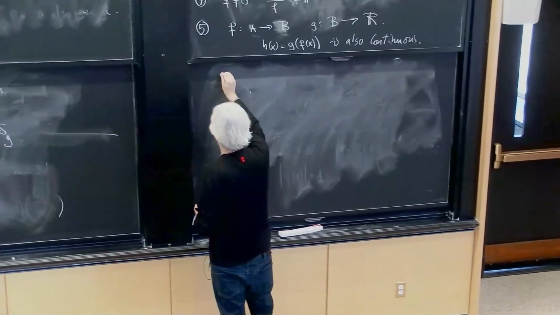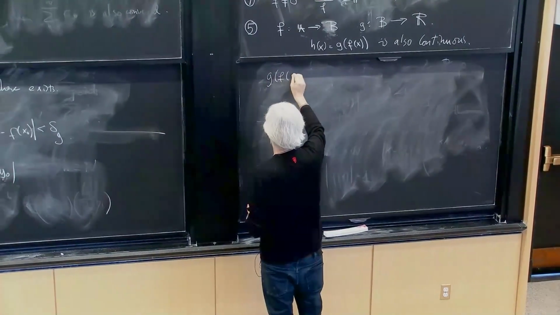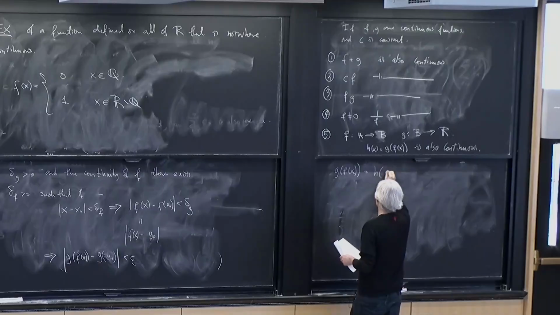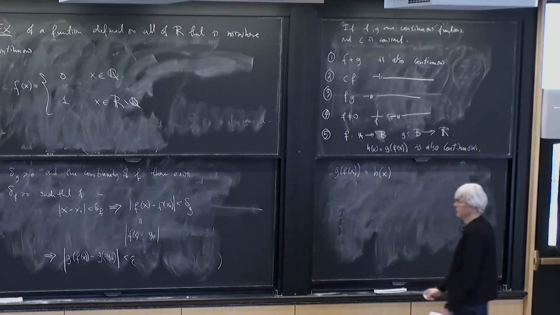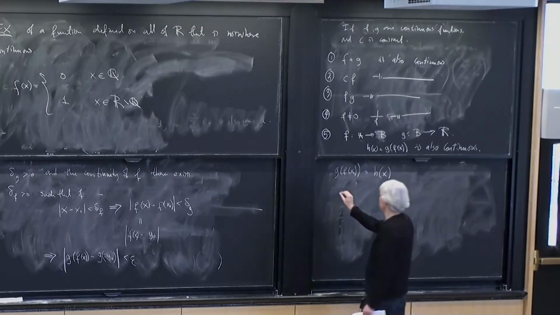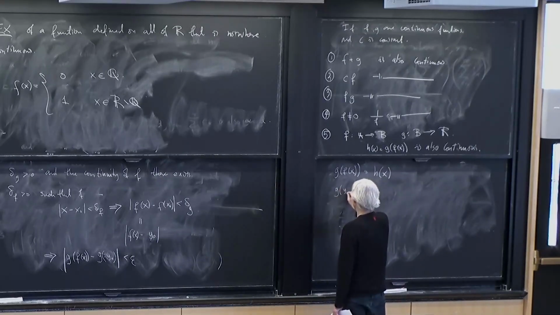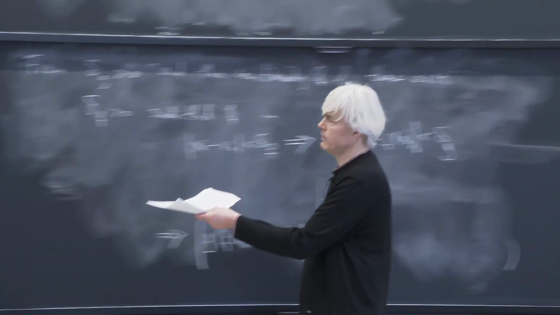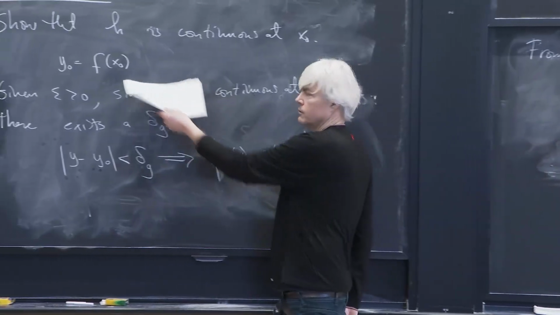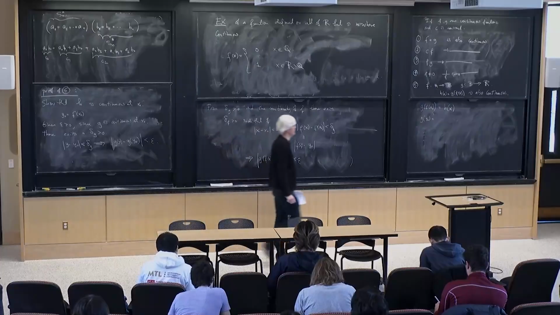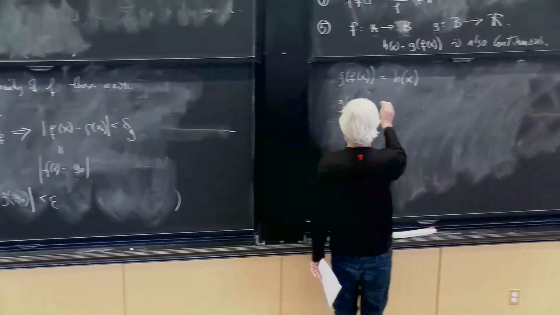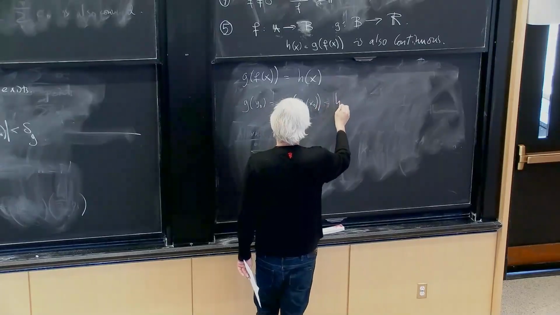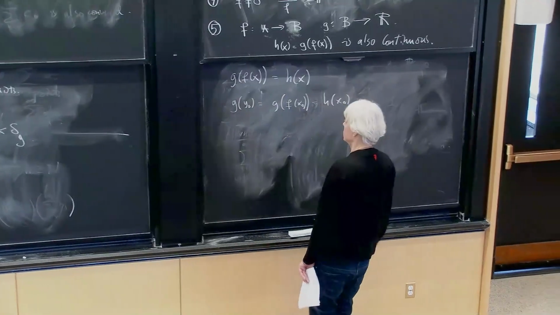But you see that g of f of x is just the composition, so this is what we call h of x. And g of y0, well, y0 was defined to be f of x0, so this is g of f of x0, which is just the composition at x0.